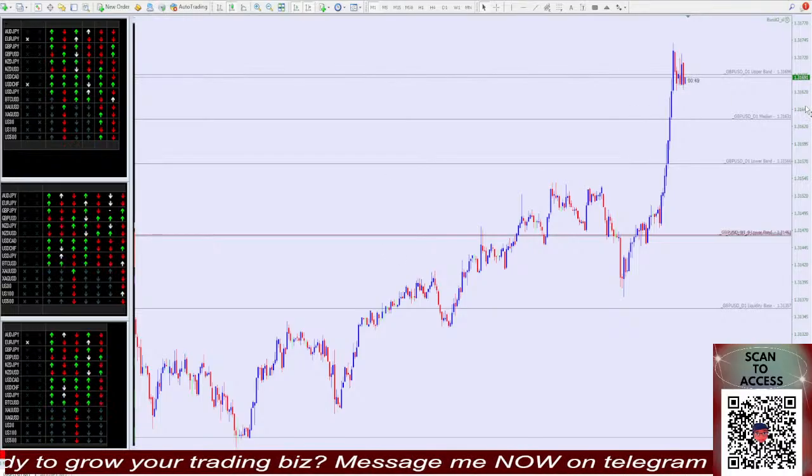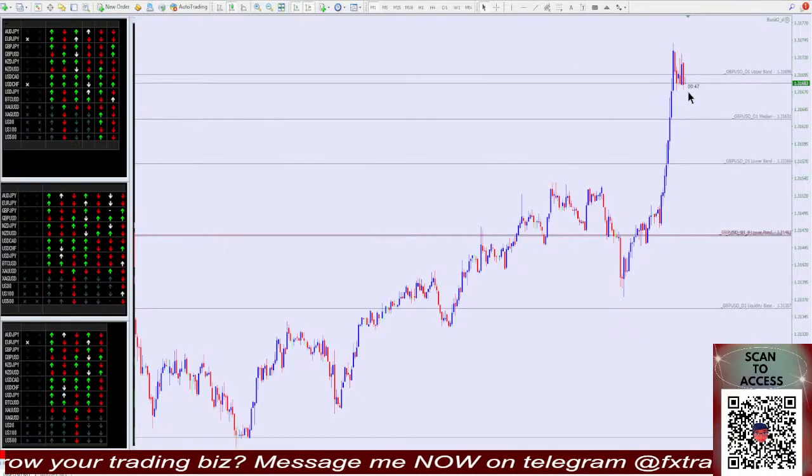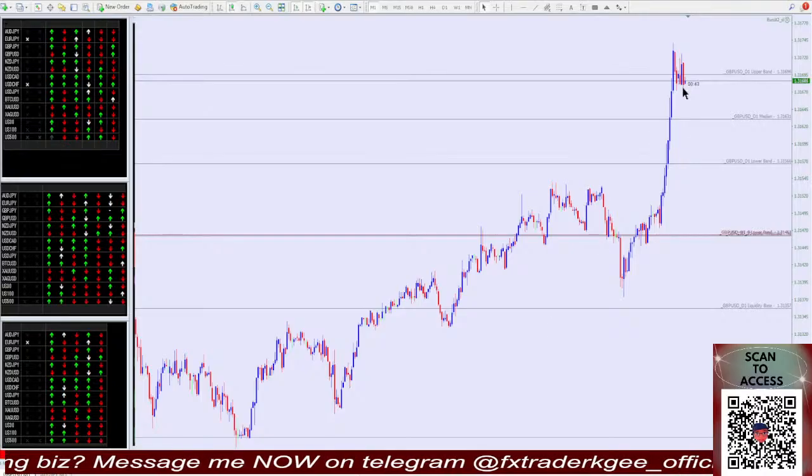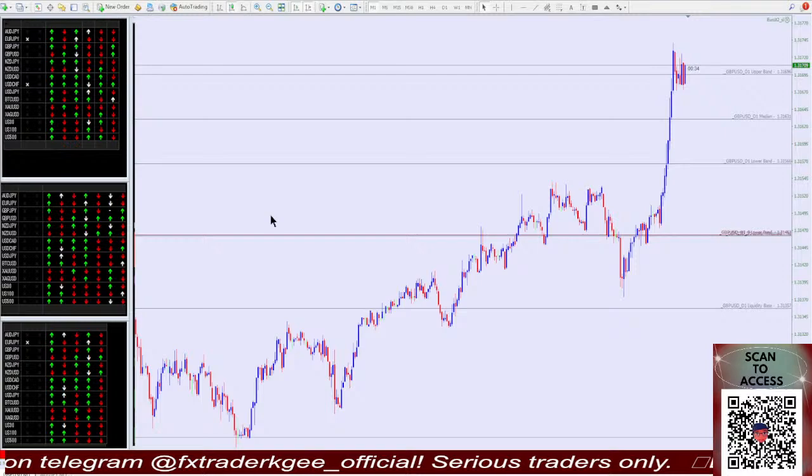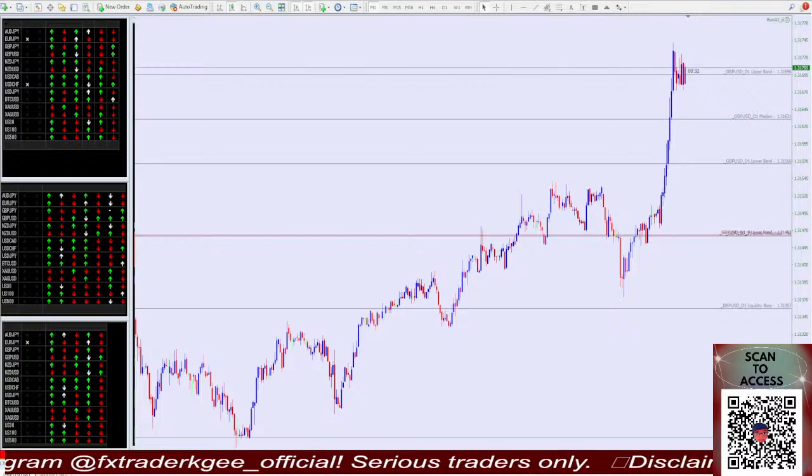Expecting a short pullback, a possible pullback from here, and once that happens, then price can continue to go north. All right, and if it does not, that depends on the market itself. It's okay.